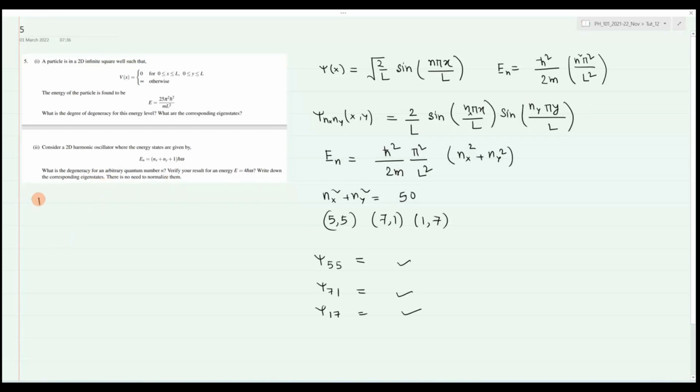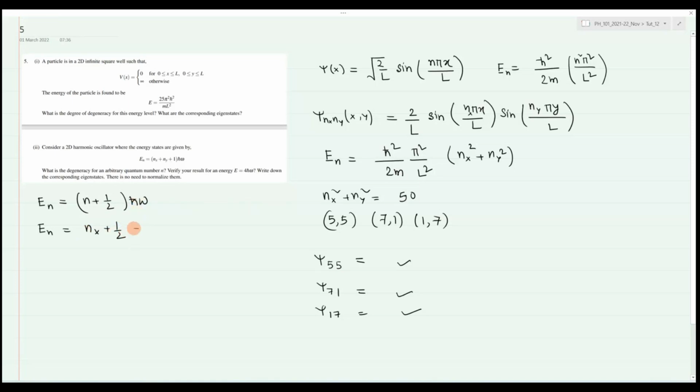So if you write the 1D harmonic oscillator, what are the corresponding energy values? n plus half h cross omega. Now if you have 2D, your En will become nx plus half h cross omega plus ny plus half h cross omega.